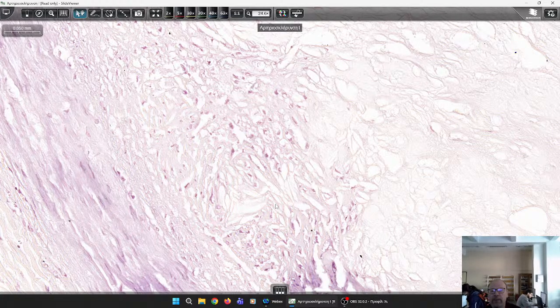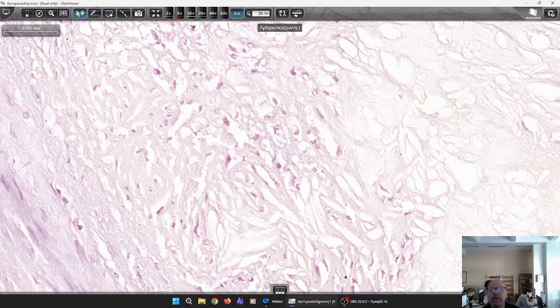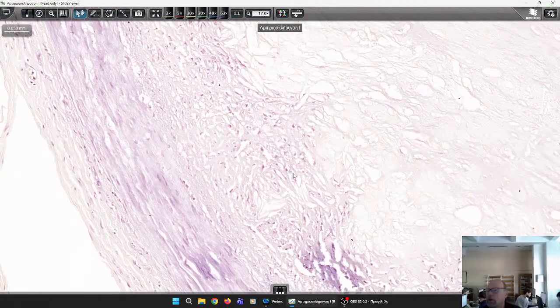So we can see the macrophages, here they are, we can see their nuclei related to the cholesterol crystals. So here are the cholesterol crystals and here are the macrophages.